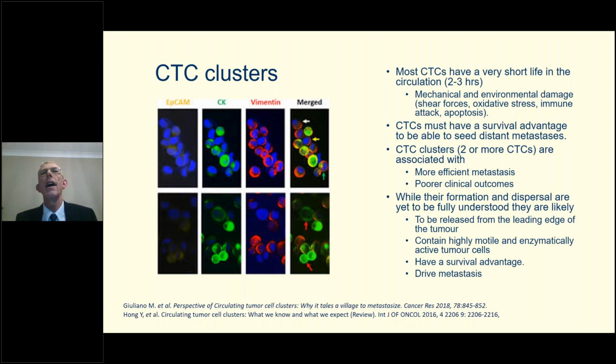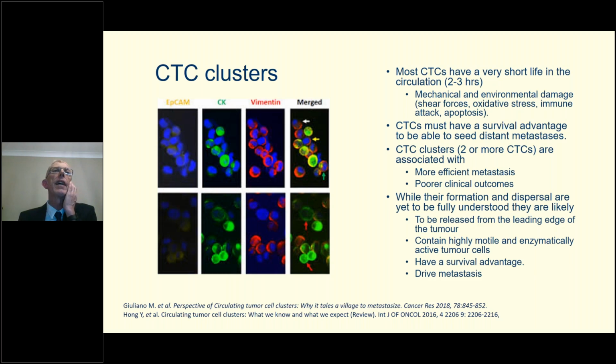And while their formation is yet to be fully understood, they're likely to be released, of course, from the leading edge of the tumour, contain highly motile and enzymatically active tumour cells, have this survival advantage and drive metastasis.